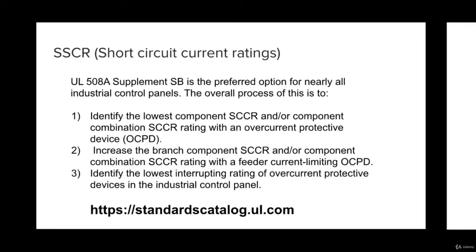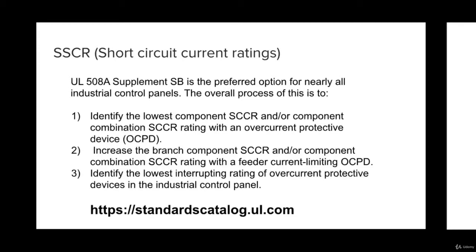The second rule is to increase the branch component SSCR and the component combination SSCR rating with a feeder current limiting OCPD. If you are working with a feeder, your industrial control panel is directly connected to the feeder. So you have to consider the SSCR value according to your feeder, because the feeder SSCR value is very high. You have to purchase components according to your feeder SSCR value.